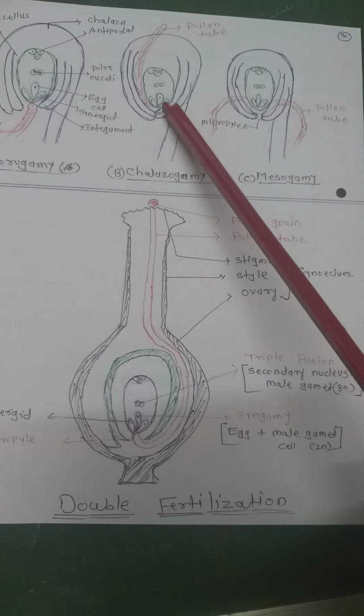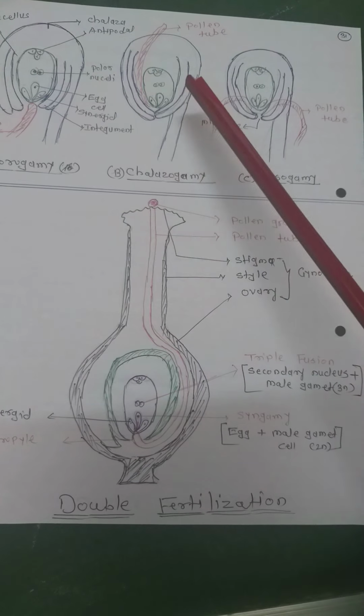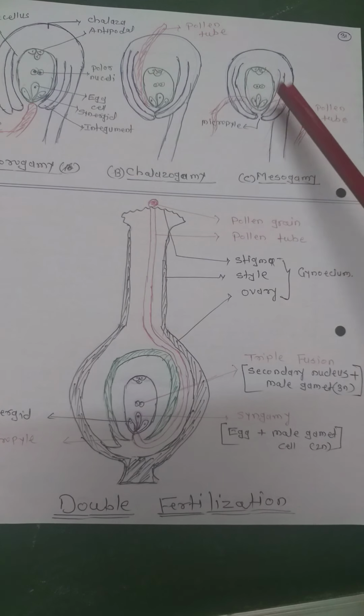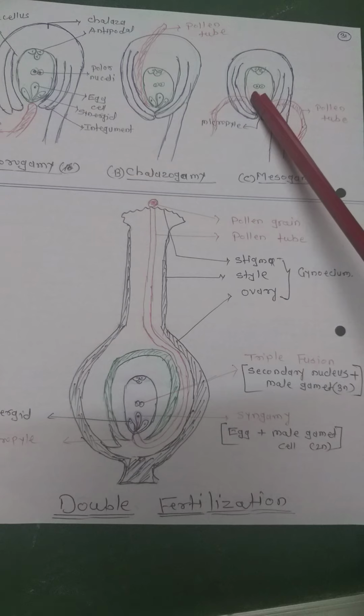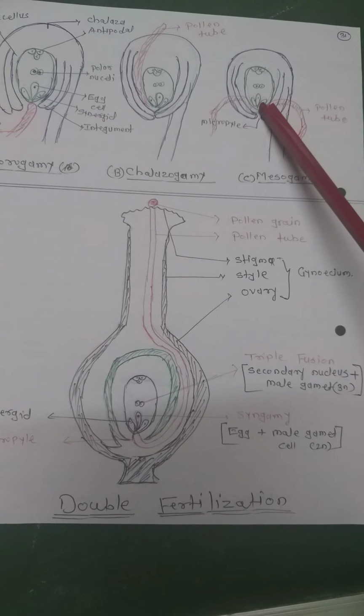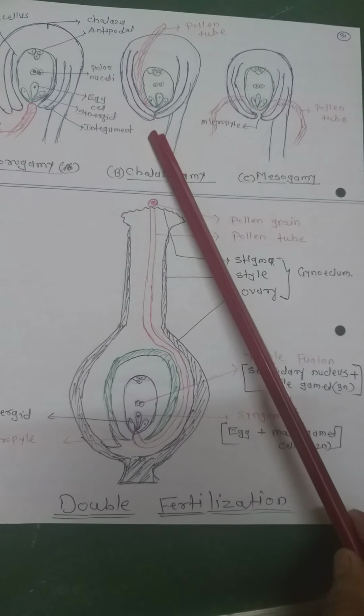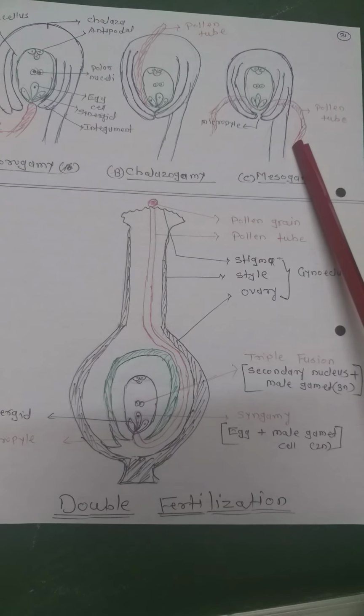This condition is known as chalazogamy. In some cases, the pollen tube enters the ovule by piercing the integument, known as mesogamy, but finally it penetrates the embryo sac through its micropylar end. So entry of the pollen tube into the ovule is of three types: porogamy, chalazogamy or mesogamy.